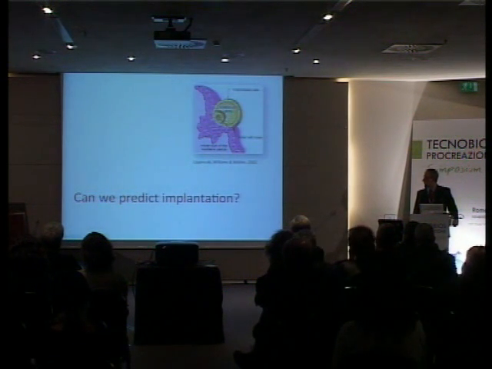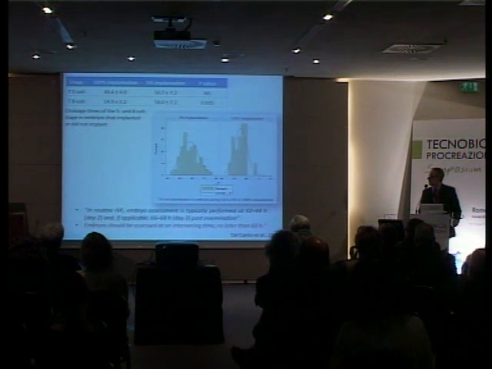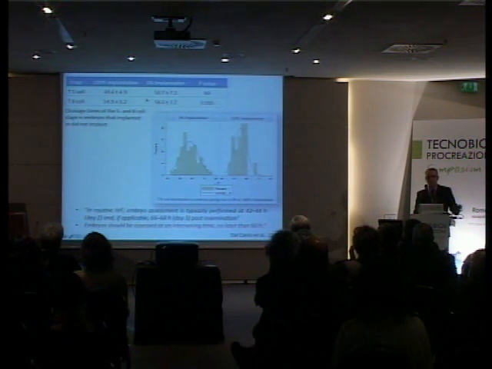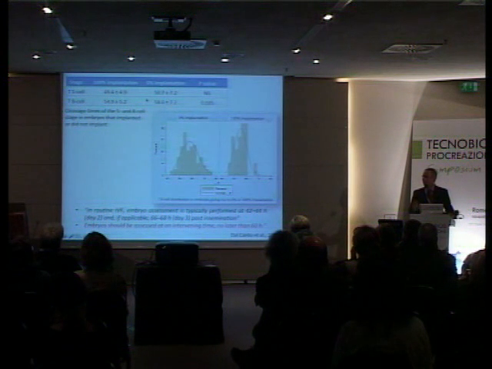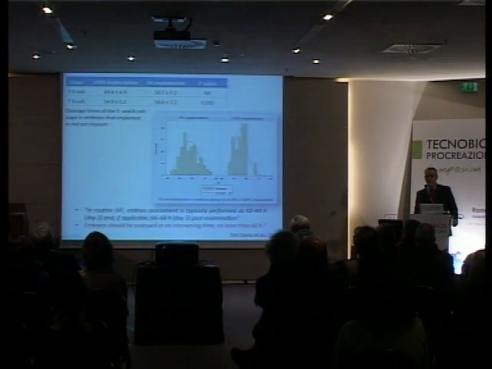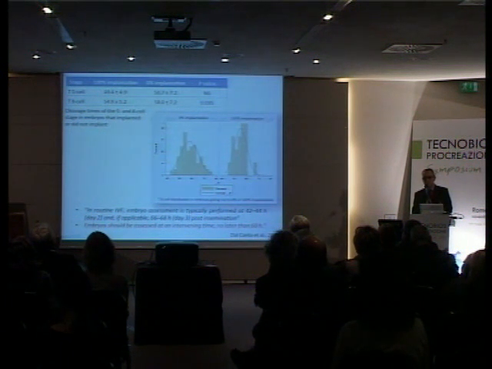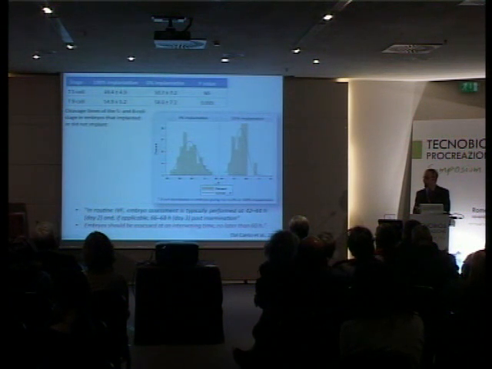So, can we predict implantation? This is a little bit more difficult question. And according to our analysis, which is very simple, but we wanted to keep things simple, we compared initially transfers in which we assess 100% implantation or 0% implantation.